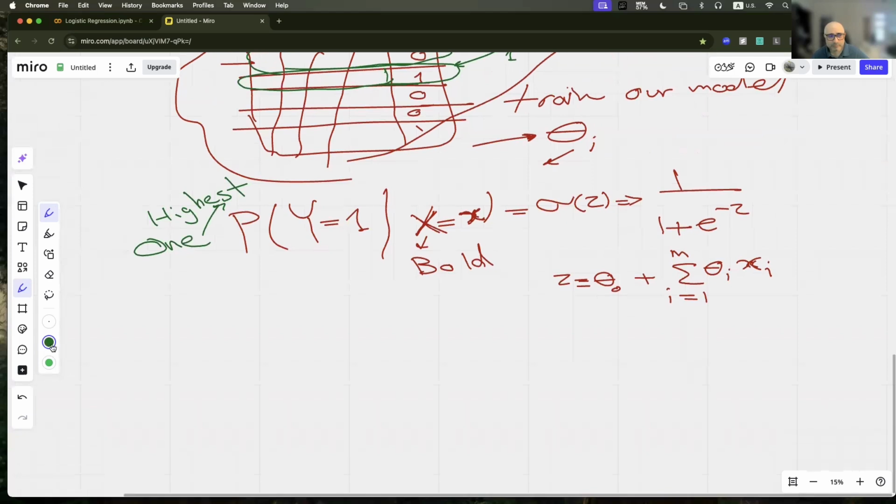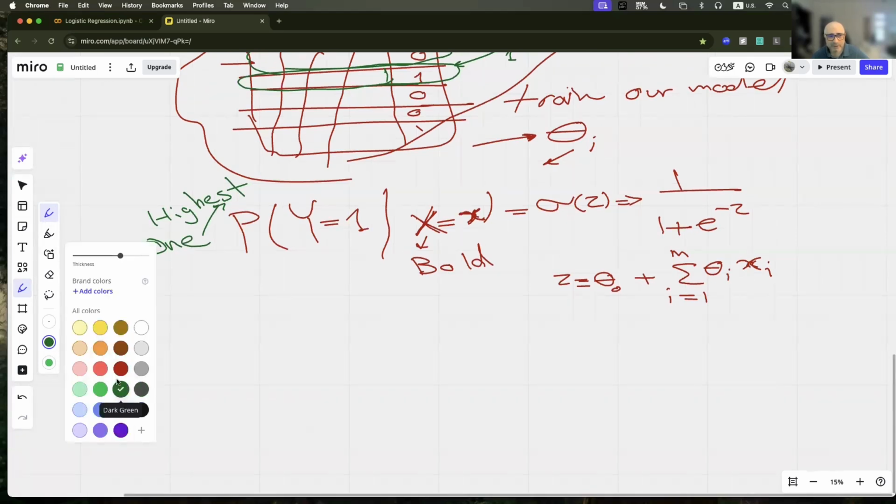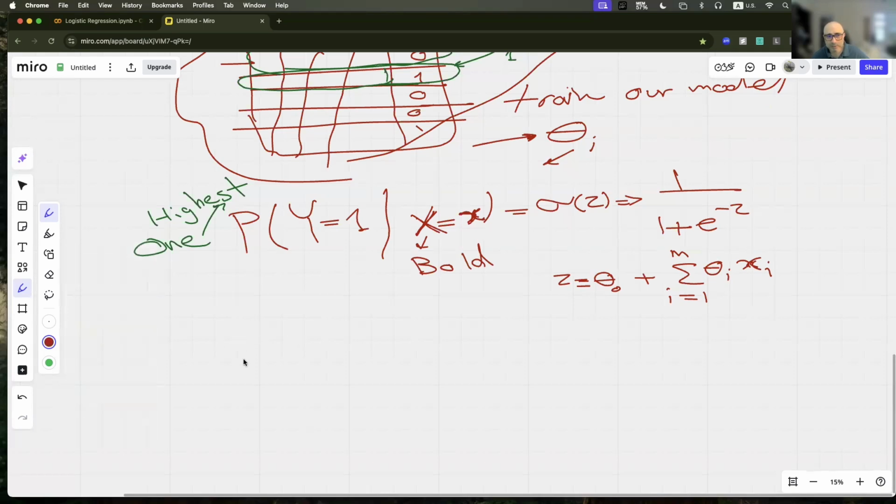So in order to do that, we have two classes here. One class has a target of one, and for another sample, for instance, we want the highest probability as a target for the benign case, which would be zero.